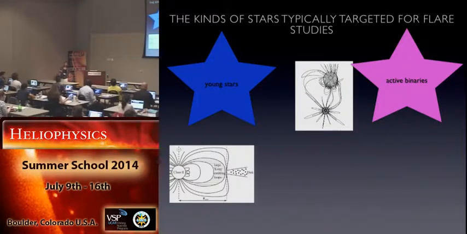As I mentioned before, there's this rotation-activity relationship. So if you have a star that's rotating rapidly, it could be because it's a very young, single star. It could be because it's part of a tidally locked system that's rotating rapidly because of that gravitational influence.